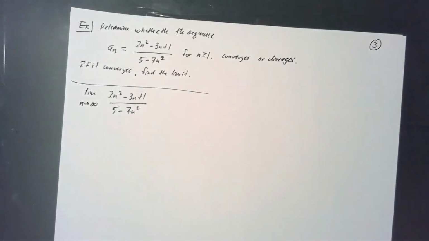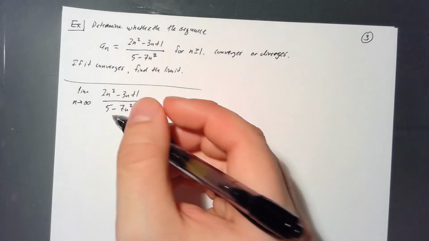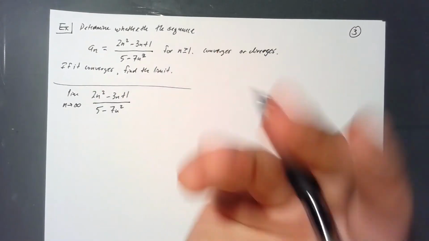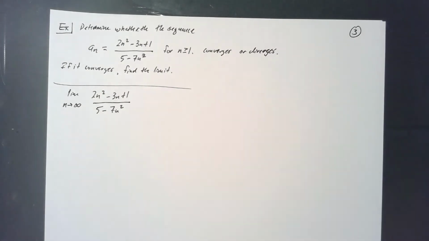All right, how do I take the limit of that? This is using what you learned in Calc 1 and applying it to a sequence instead of a function. I mean, they're almost exactly the same thing, but from a different perspective, really.